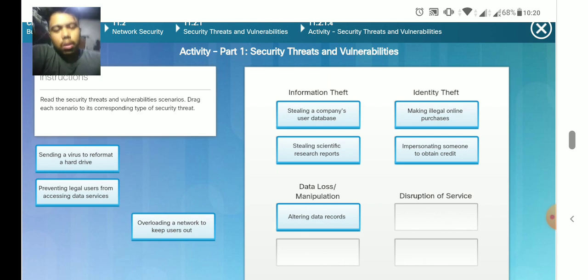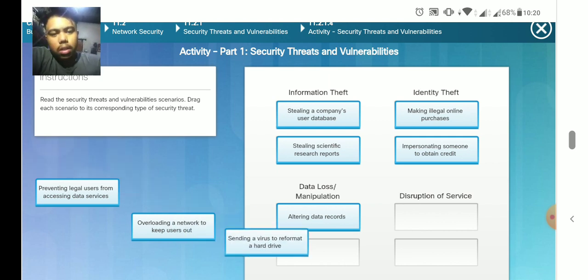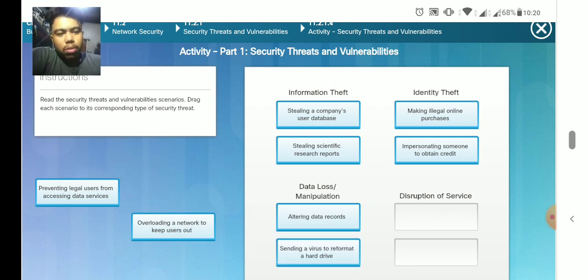And the second one, we have sending a virus to reformat a hard drive. It is also data manipulation because of the word itself, reformat, by sending a virus through our cables or drives or the pen drives.